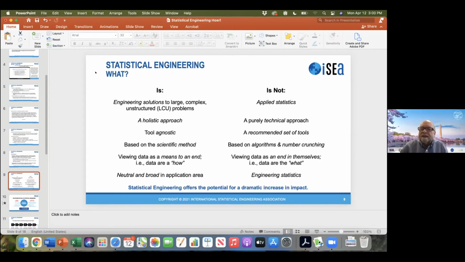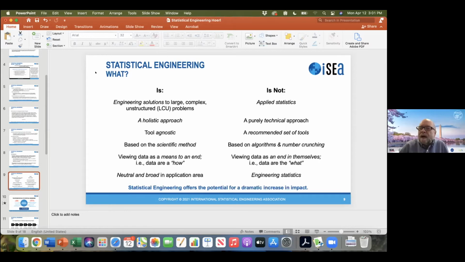It's based on the scientific method, which of course is core to any type of engineering. It's not really based on writing algorithms and crunching numbers, although we may need to write some algorithms and crunch some numbers, but fundamentally we're following the scientific method. It's about viewing data as a means to an end, that is, data are how. The objective, again, is engineering a solution, solving a problem, versus viewing data as an end in itself.